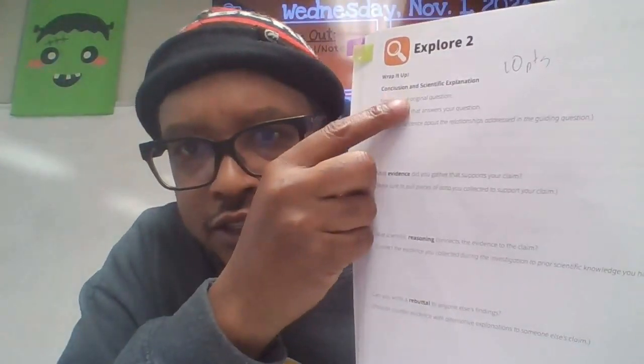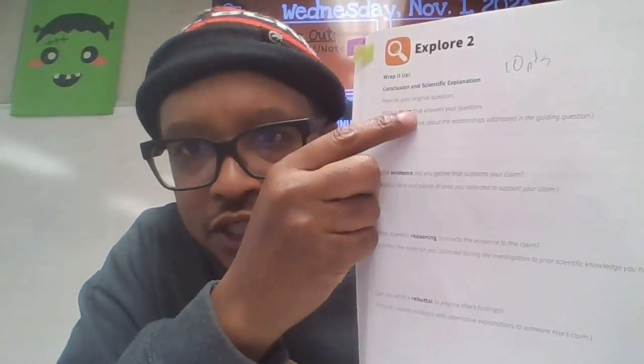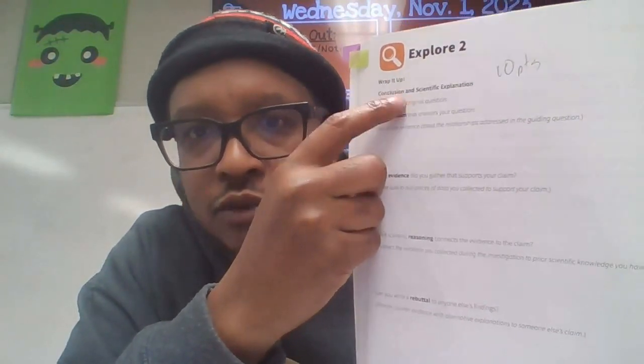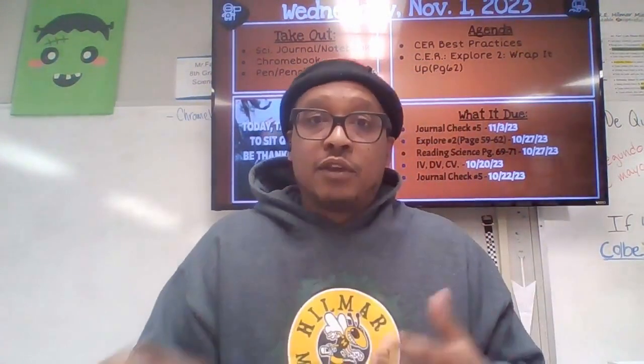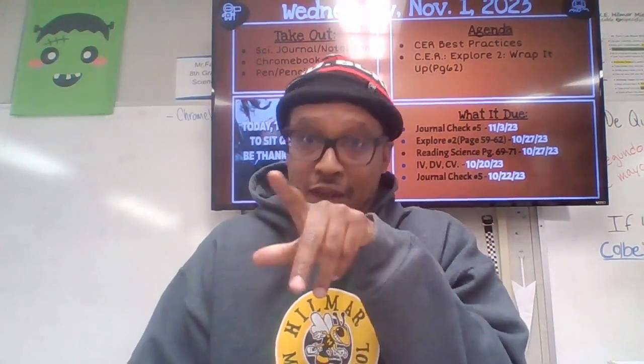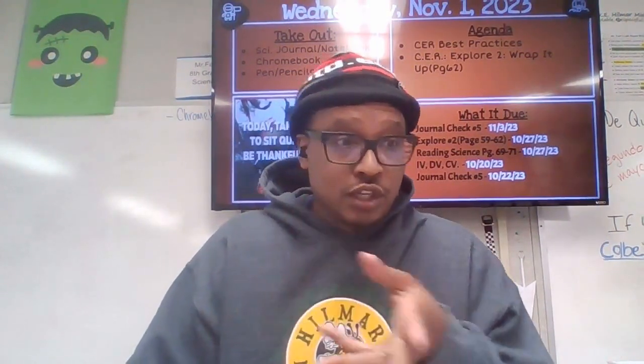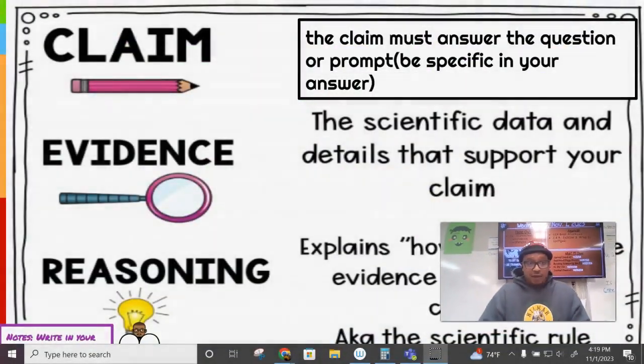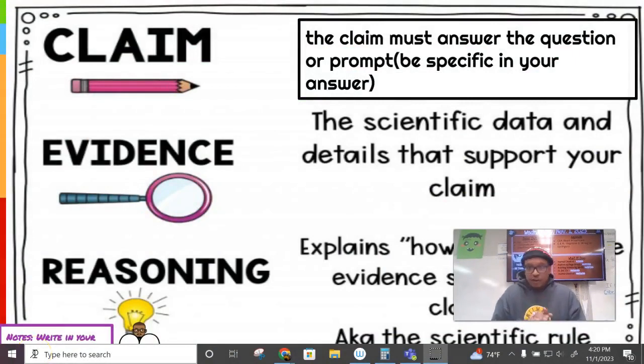Here they say rewrite the question, and then you should put your claim right there. Is the question that you have there answered by your claim? That is very important. So make sure that you pause and take a chance to do that. If it doesn't, and if you don't have your question, then you probably need to go back and find your question, rewrite it, and then make sure that your claim actually answers that.